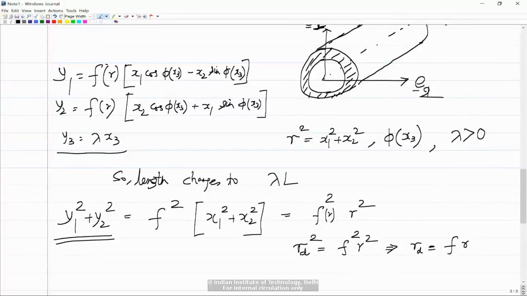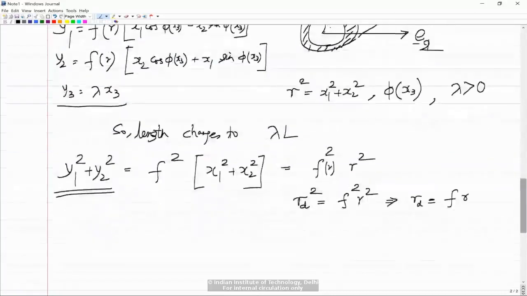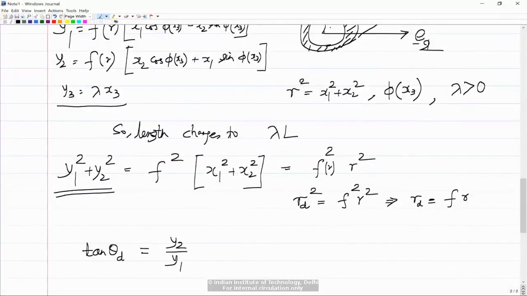Now if we think of the theta coordinate, then what's the theta coordinate? In the deformed configuration, what will be tan theta deformed? Isn't that y2 by y1? If y2 and y1 are the coordinates, then tan theta d is simply y2 by y1. Now let us work it out and see what it comes out to be.